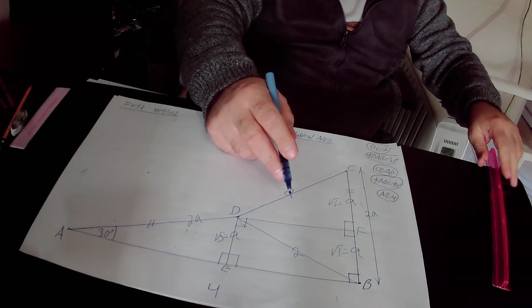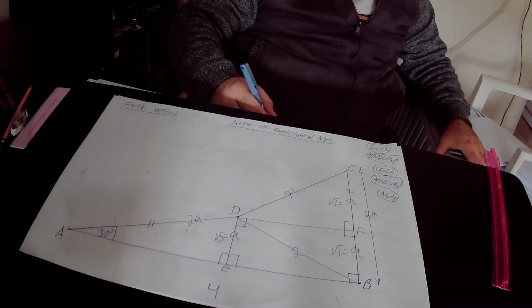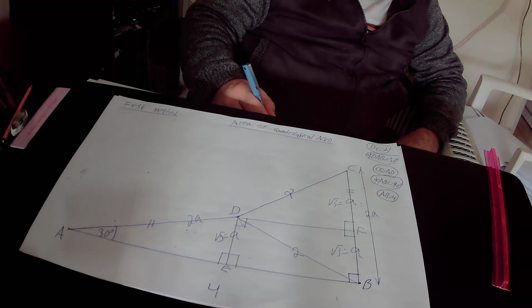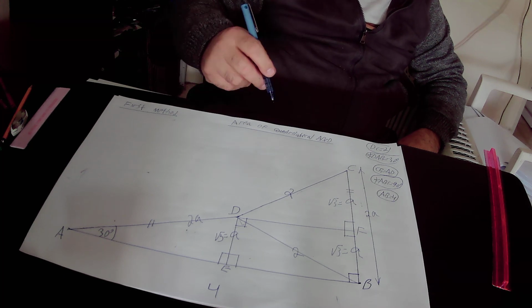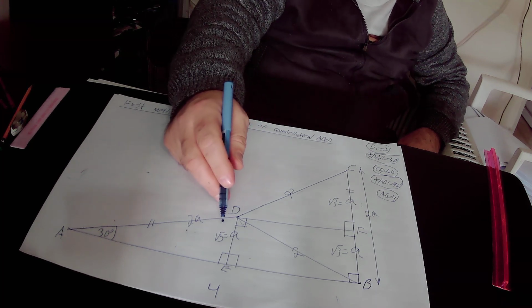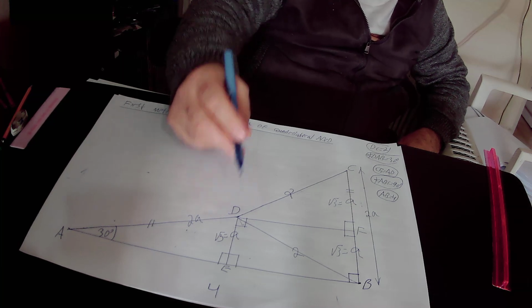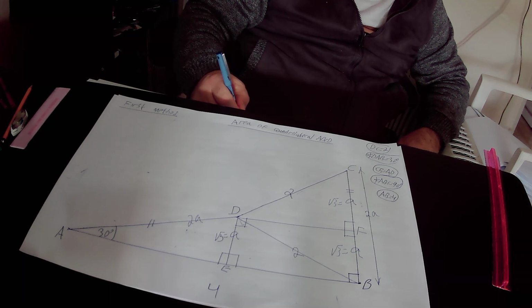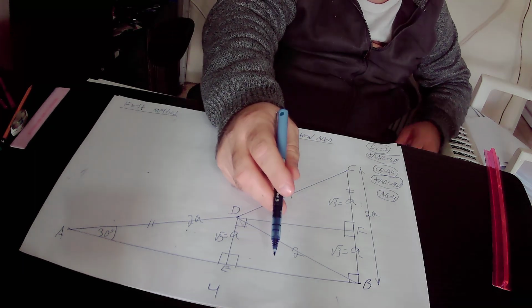DB equals 2 units, therefore DB squared is 2 squared. 2 squared is 4. Equals DE squared. DE equals square root of 3 units, so DE squared is square root of 3 squared. Square root of 3 squared is 3, plus EB squared. EB is the missing variable, so we will leave it as it is.